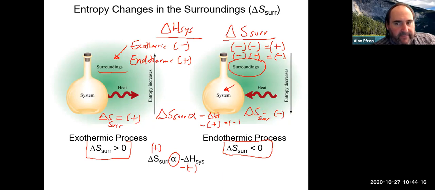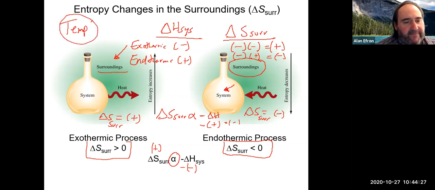Now, there is something else that we should think about, as we'll see in the next slide as well, and it is temperature. Temperature does play an effect on whether or not we would see a big change in the entropy of the surroundings. What I mean by that is, let's take the exothermic example here for instance.